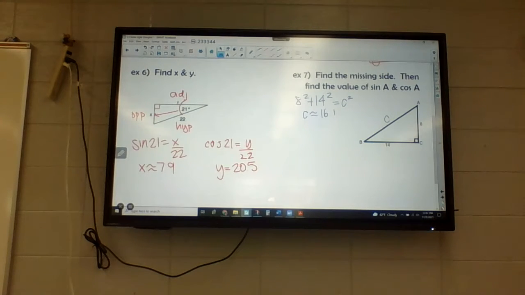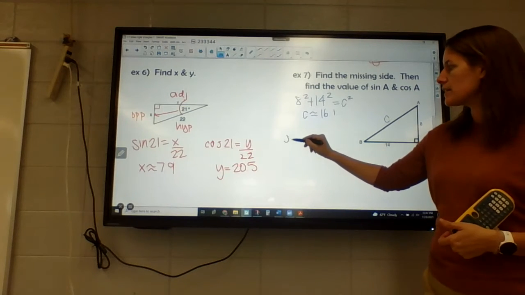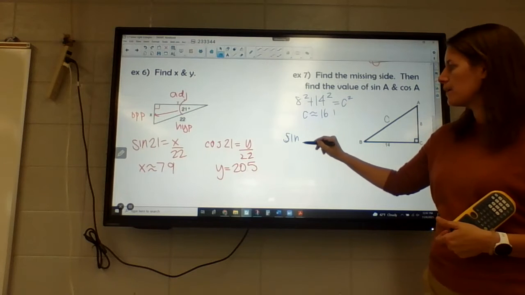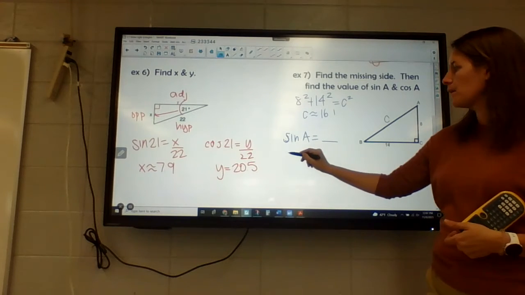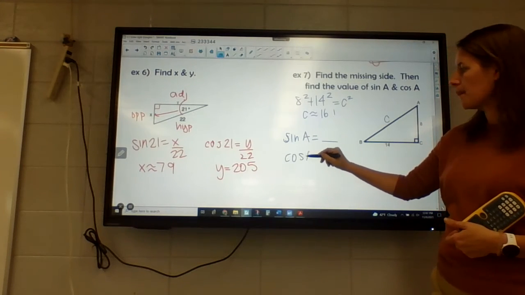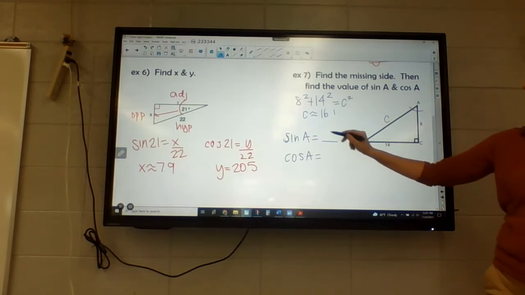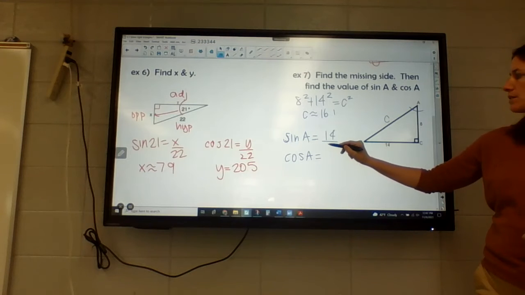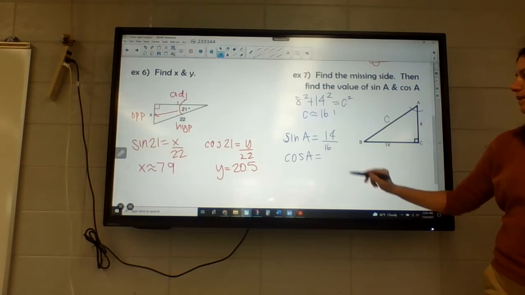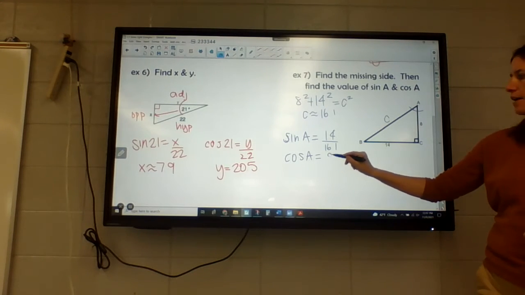Now what they want is the value of sine of A and cosine of A. So basically they're asking you just to set up a ratio here. Sine of A is opposite over hypotenuse, and cosine is the adjacent over the hypotenuse.